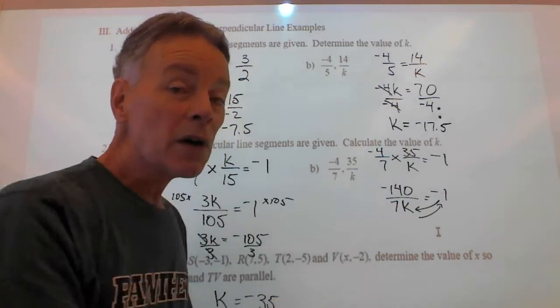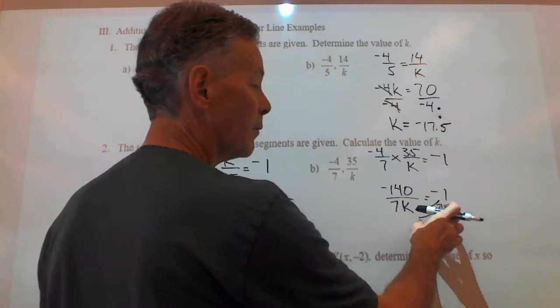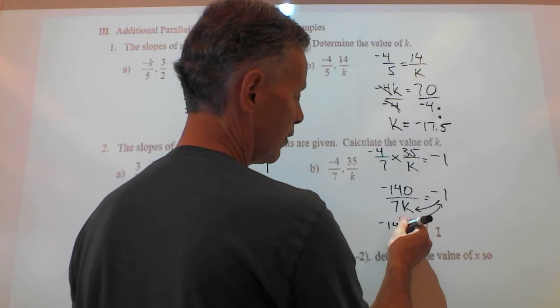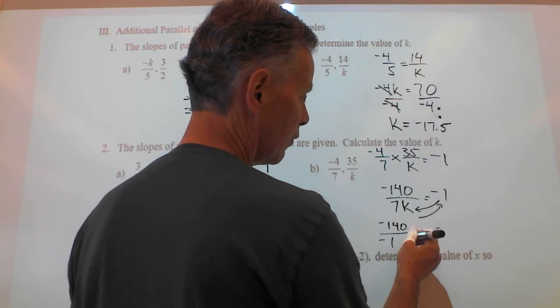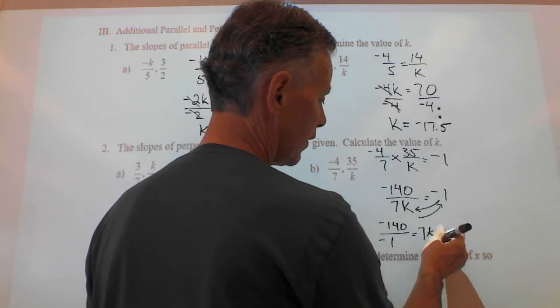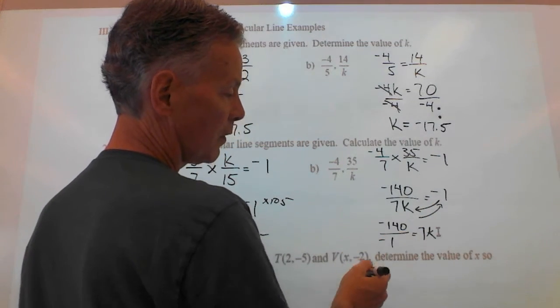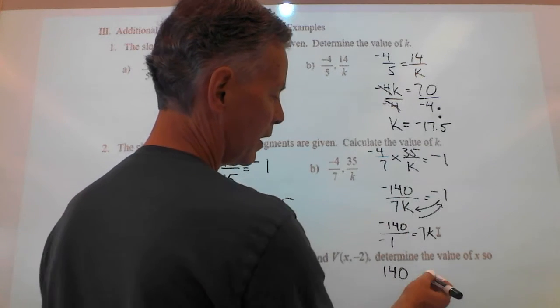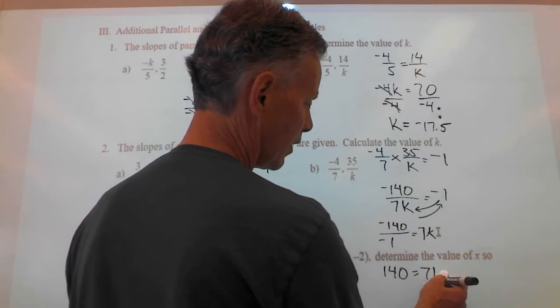Okay, it's a shortcut, but it works. So we switch places, and that gives us negative 140 over negative 1 equals 7k. This, of course, will simplify to just 140, right? Negative 140 divided by negative 1 equals 7k.